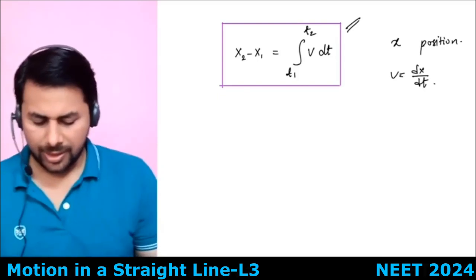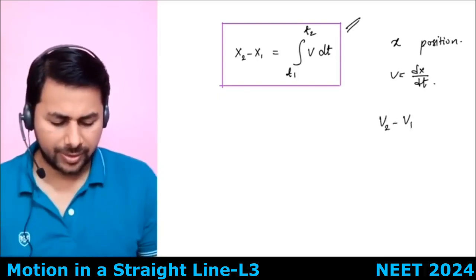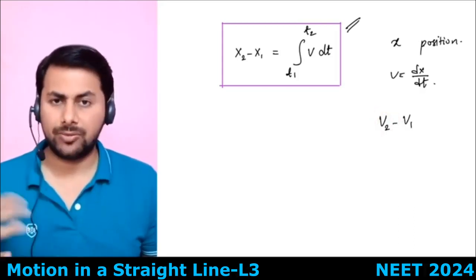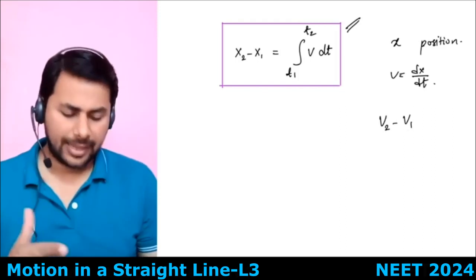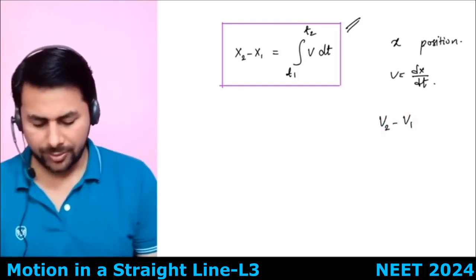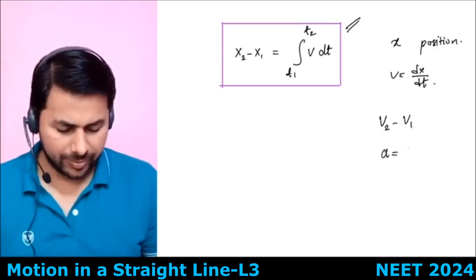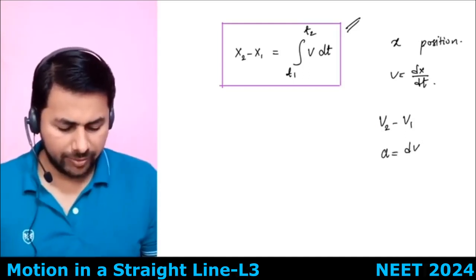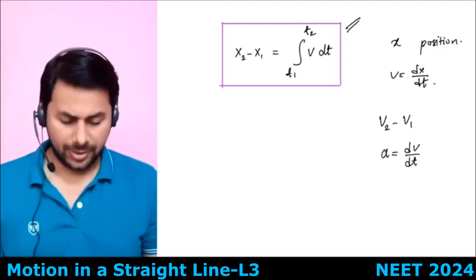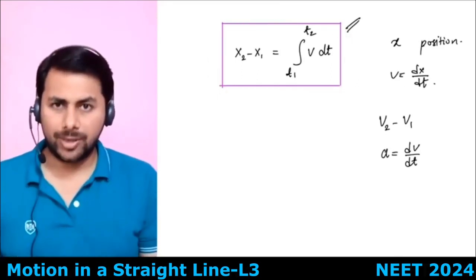Similarly, I want to find v2 minus v1, the change in velocity from time t1 to t2. I know its derivative: it is dv by dt, the acceleration. So I can write down the same formula.